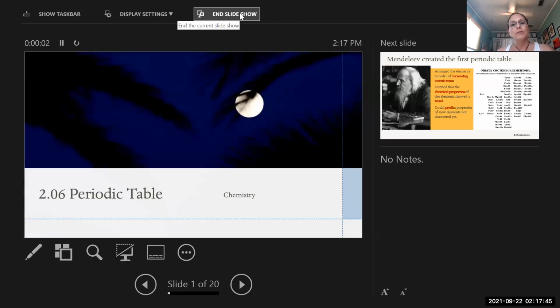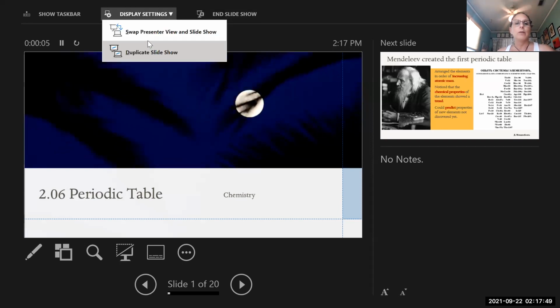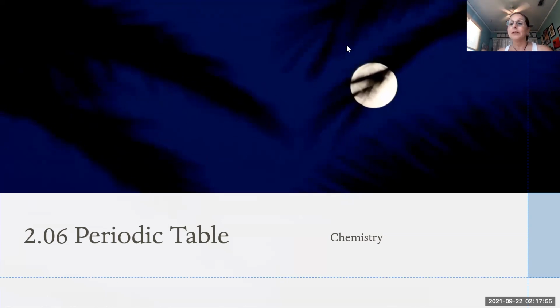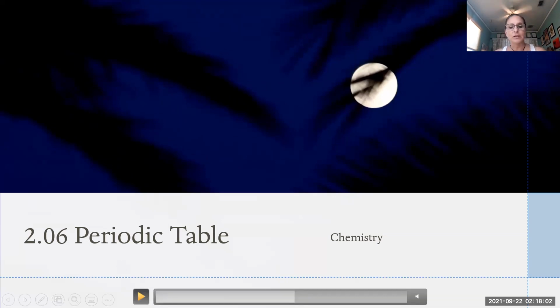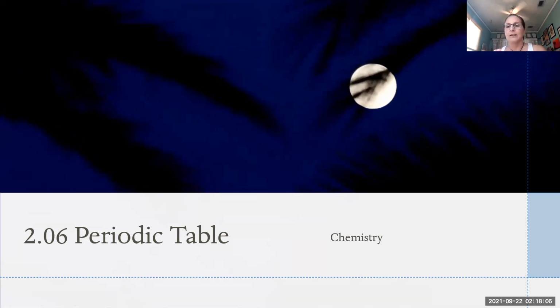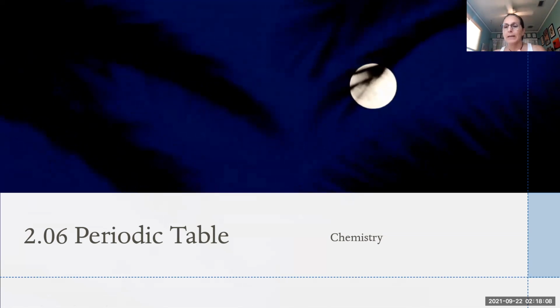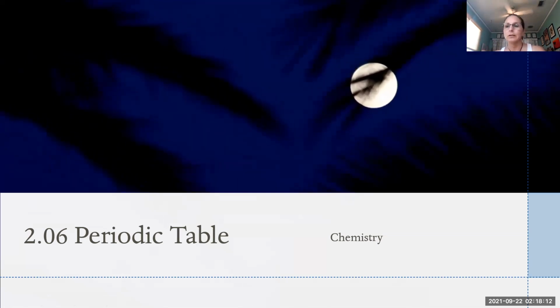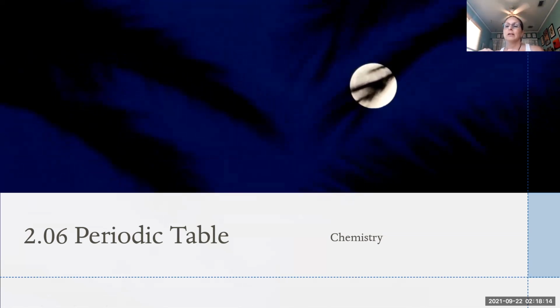So what we've been talking about is the arrangement of the electrons in an atom. So far we've talked about how matter is made up of atoms and how an atom consists of a nucleus, which has protons and neutrons in it, and then it has electrons around the outside.